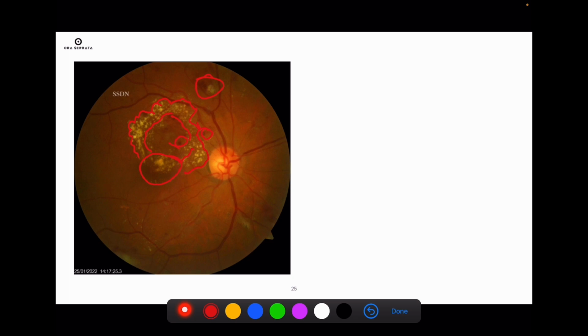So when there is any leakage, at the margin of the leakage, these yellow precipitates concentrate, and these yellow precipitates are mainly the lipid components.